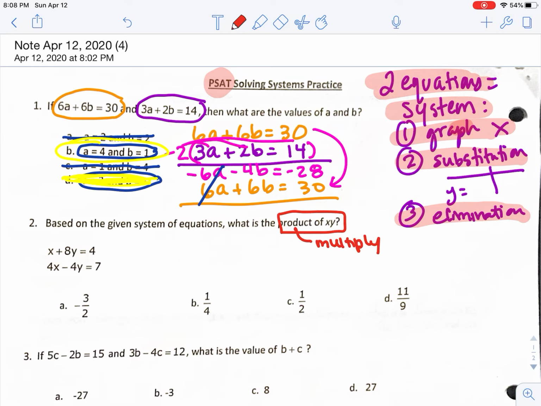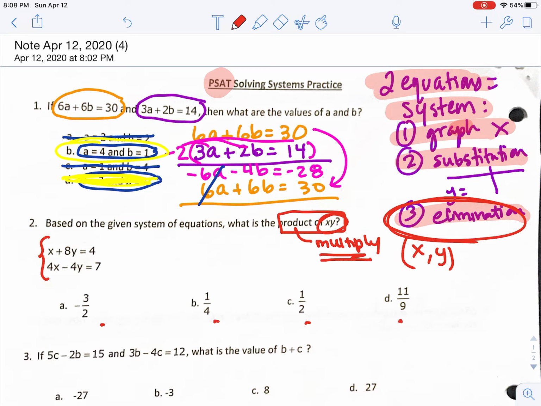So SAT does this a lot. They'll ask you to solve a system. Look, I've got 2 equations. It's a system. I'm probably going to use elimination on this one because they're in that correct format. But then once I find out my x and I find out my y, it wants me to multiply them together to get my final answer as one of those 4 choices. Okay, so let's see what we would do.